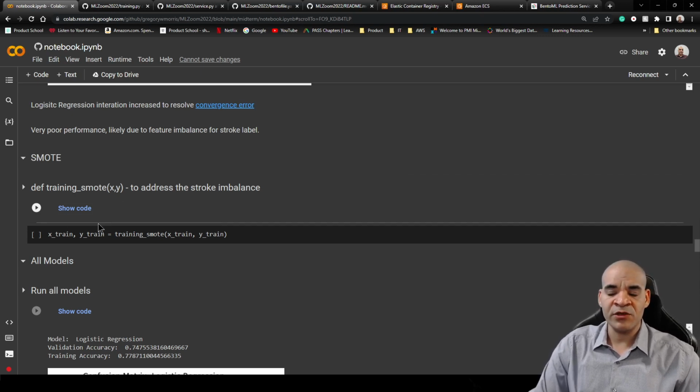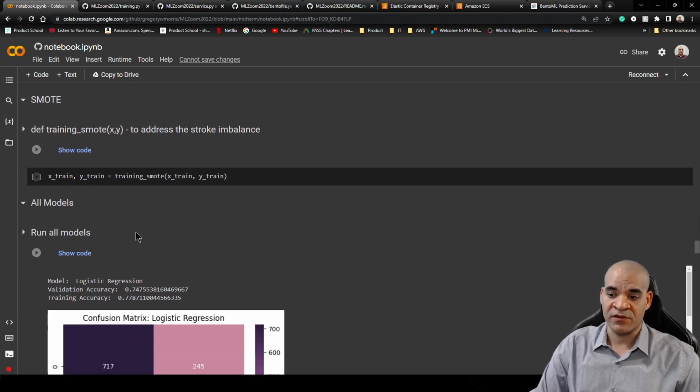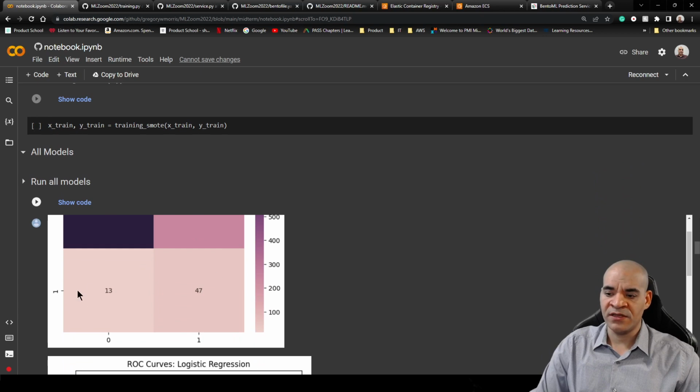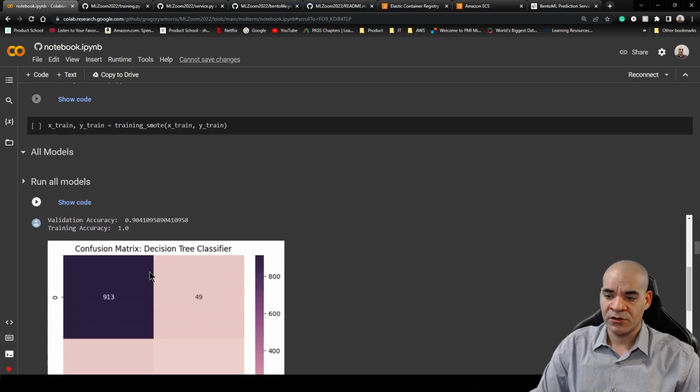The goal is that these simulated outcomes will improve your actual predictions, and it does. You will see, however, in the end, there's a little bit of a drop, but it's better than anything we got previously. So we used SMOTE, retrained the models, and you see immediately it's already performing better.